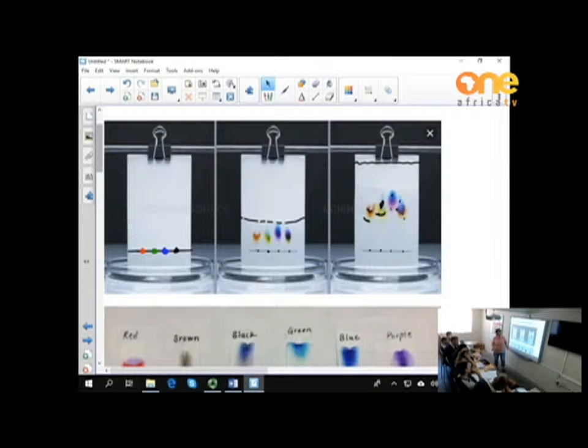And from that you can recognize, oh, my blue ink or my black ink contains blue. If you look at this chromatogram, the fact that this blue does not go up to the level of that blue, you can say it's not the same color blue. All right? Because the same pigment will have the same solubility and it will be carried up to the same level. You're all following me?